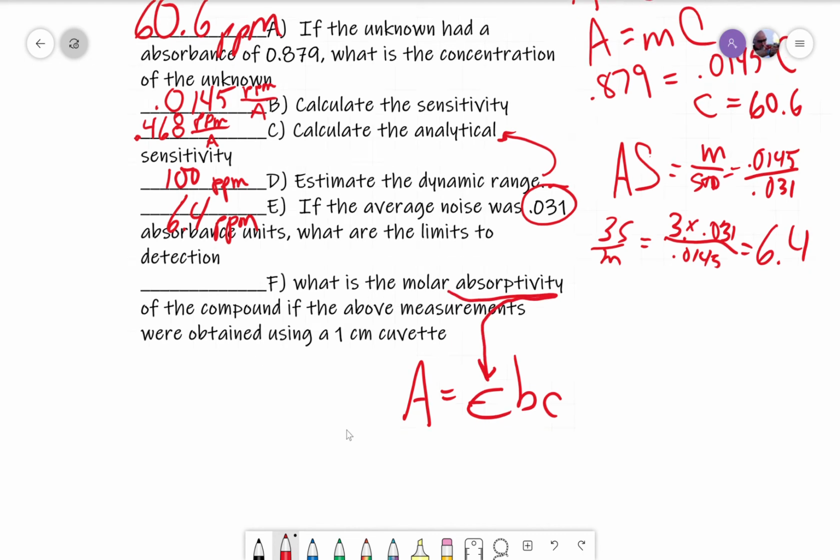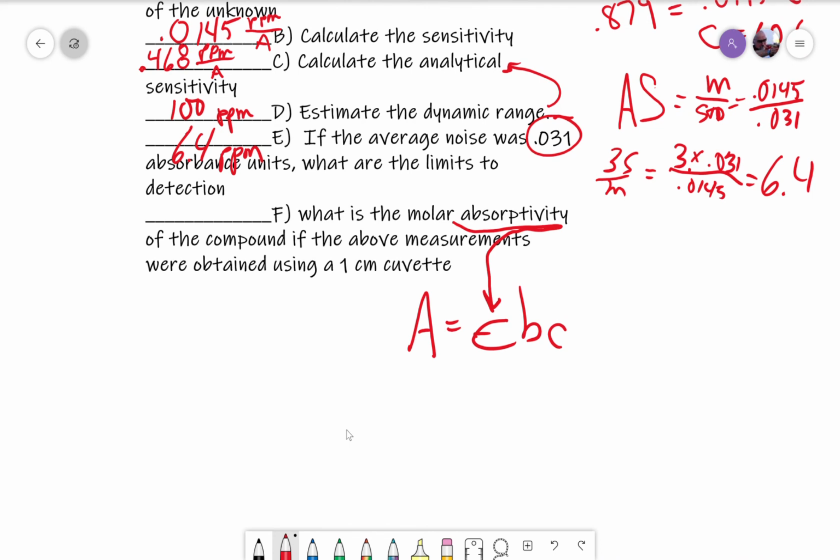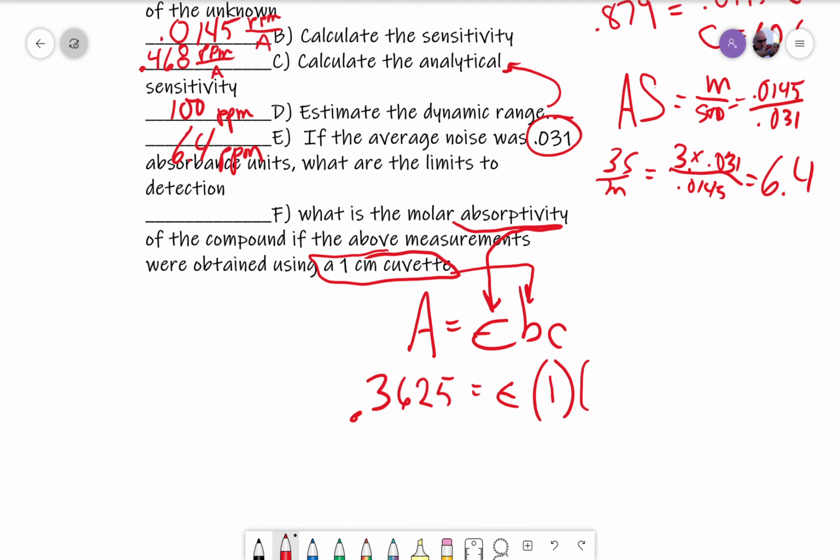The molar absorptivity is again just going to be easy to calculate if we're given the size of the cuvette that's defining the path length. So the absorbance can be acquired from any of our data points. 0.3 is equal to the molar absorptivity times the path length, which is 1, times the concentration at that absorbance, which is 25.